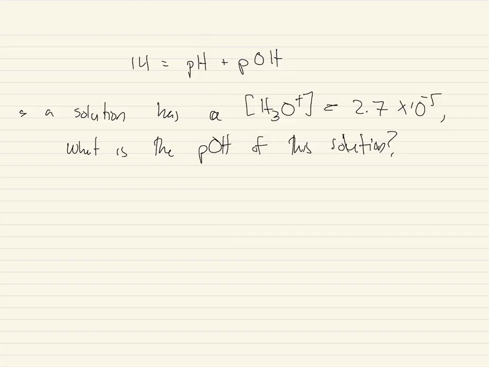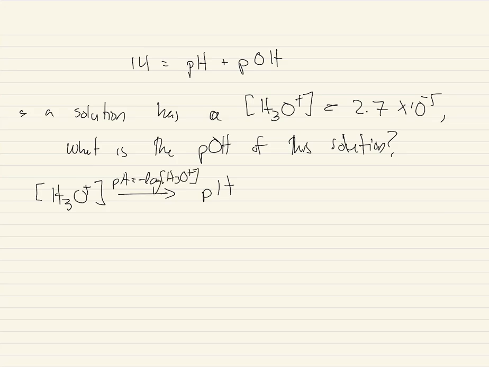Let's go through and see if we can at least determine two paths, two ways we can do it that will both get us to the correct final answer. So does anyone have an idea? We're starting from H3O plus concentration. What's the first thing that we can calculate to help us get the pOH? We can calculate the pH from this, right? The relationship we use is pH is equal to minus the logarithm of H3O plus.